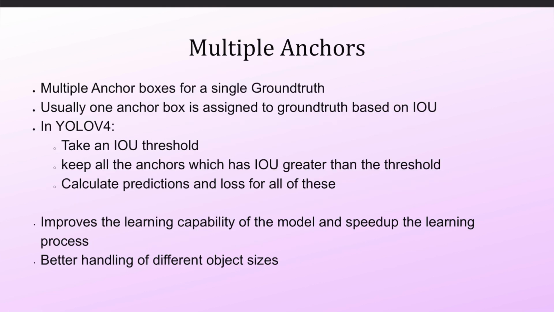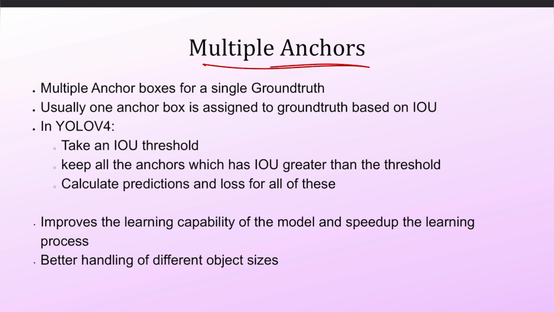The next concept in bag of features is the use of multiple anchors. Usually when we use anchor boxes for the prediction, we assign one anchor box to the ground truth based on the IOU value. You have multiple anchor boxes, but you decide the final anchor box which corresponds to that ground truth based on the IOU calculation. Whichever has the highest IOU with the ground truth, you will pick that.